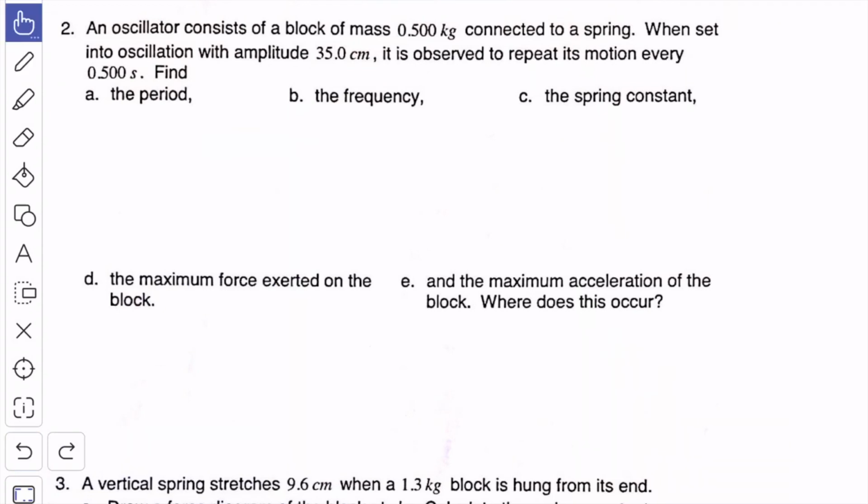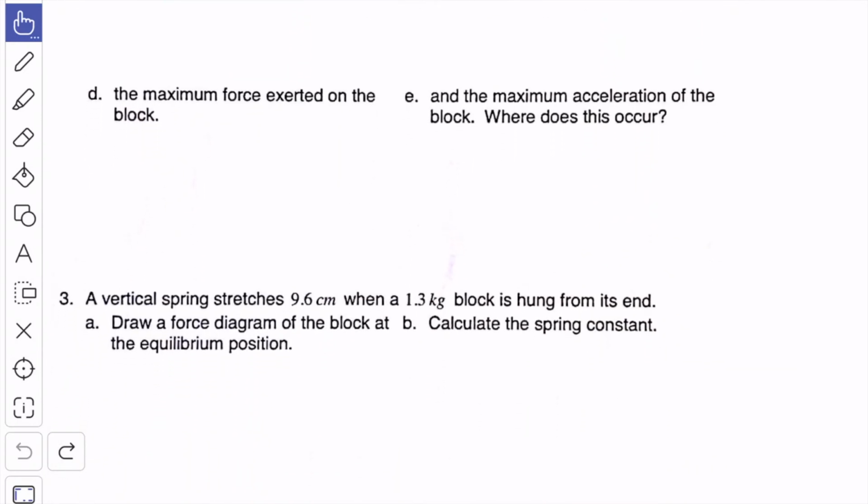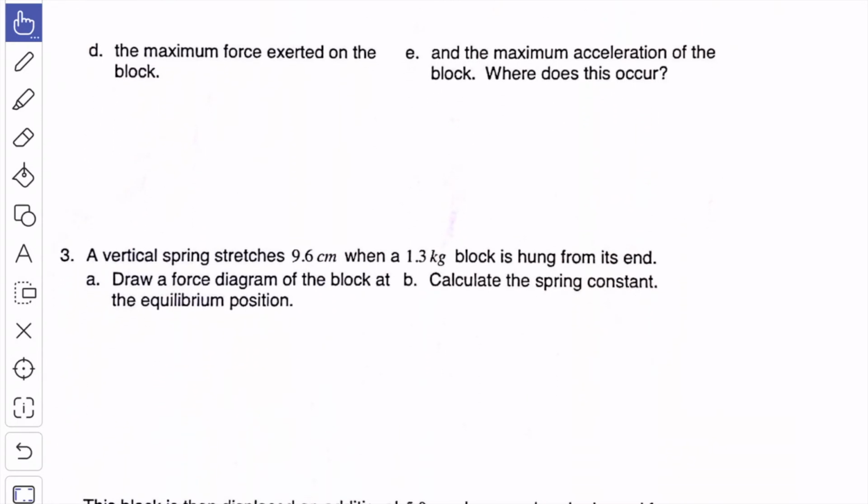Letter D is the next part that I think may confuse you. It was in the second video, but it was in the part with energy, so we haven't covered it quite yet. When we are looking at maximum force, we want to use Hooke's law, F equals kx. Now, the maximum force occurs at the amplitudes, the maximum amplitudes.